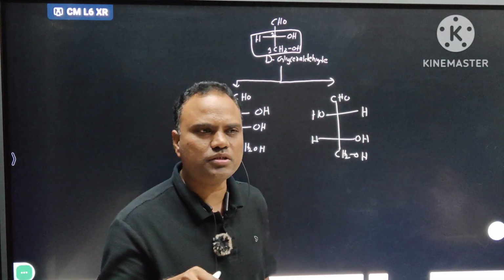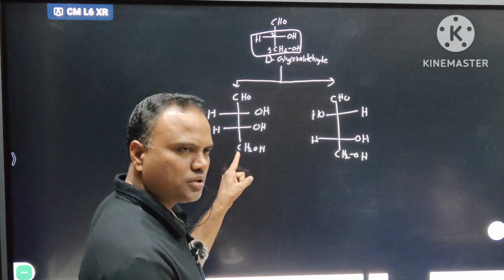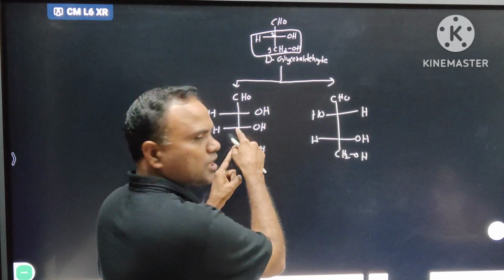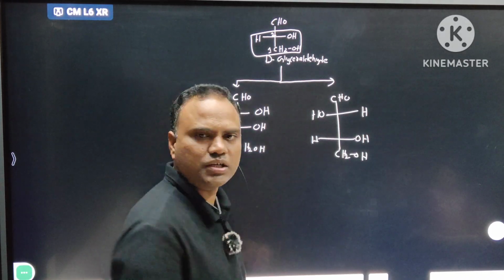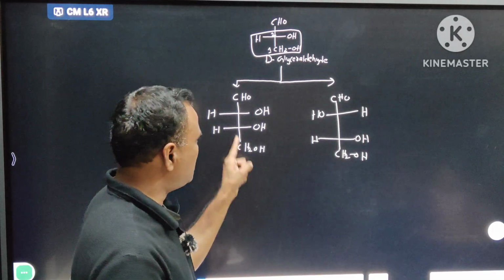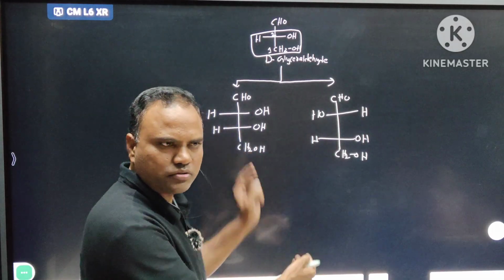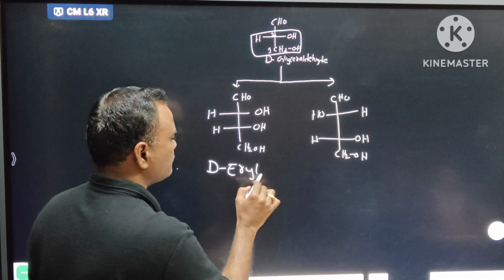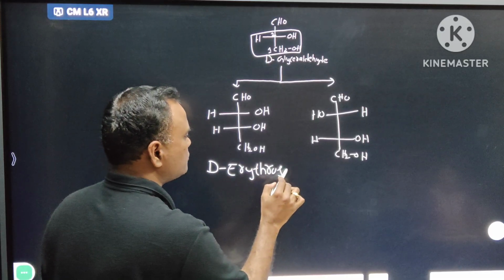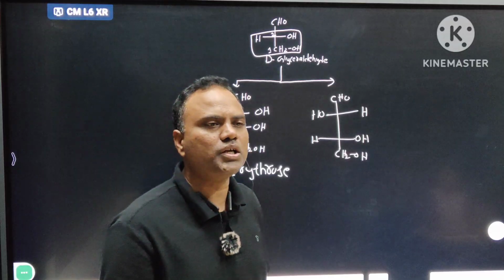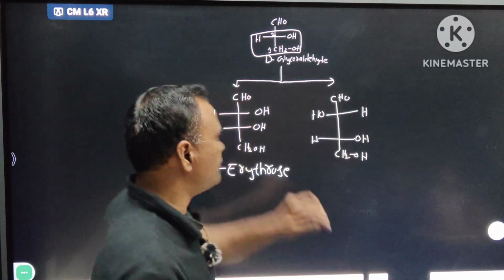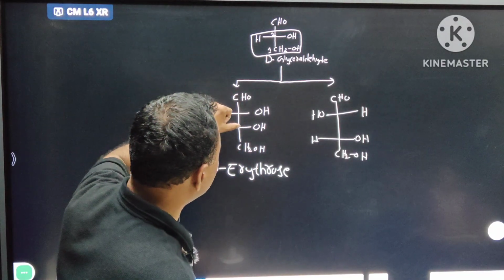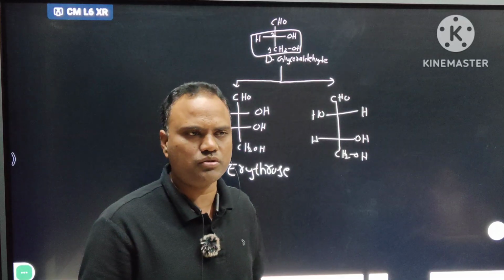What is the D-isomer? If you give numbering, at the second carbon, if OH is on the right side, that is called the D-isomer. Here at the second carbon, OH is on the right only, so this is D-erythrose. It is an aldotetrose. How many carbons are present? 1, 2, 3, 4. Aldotetrose.